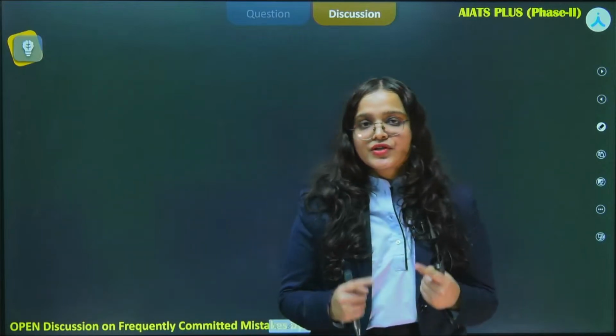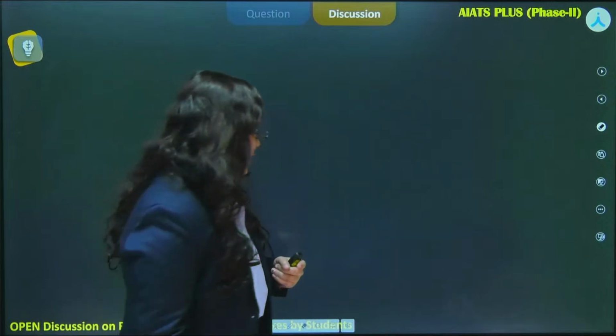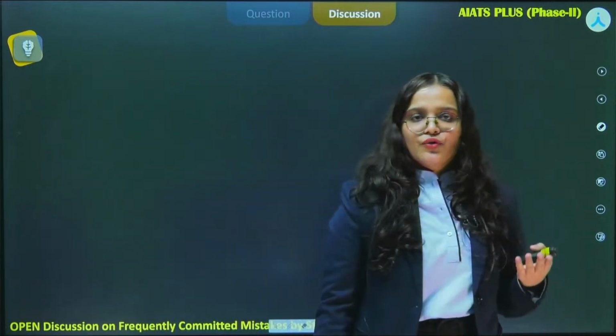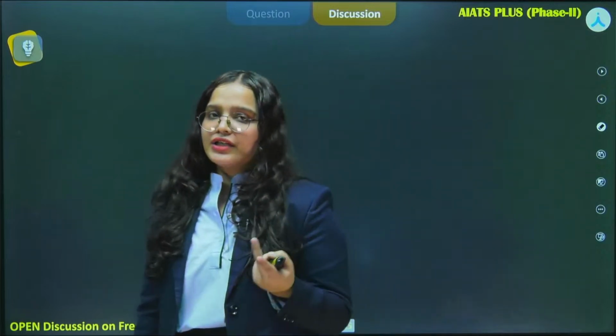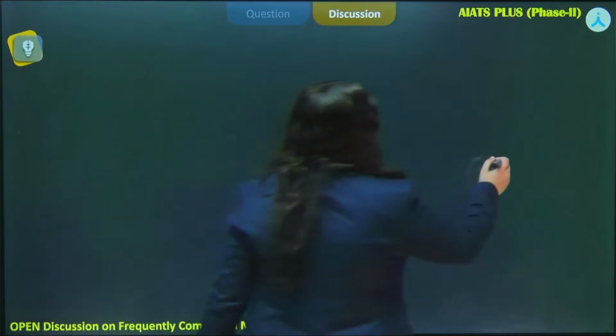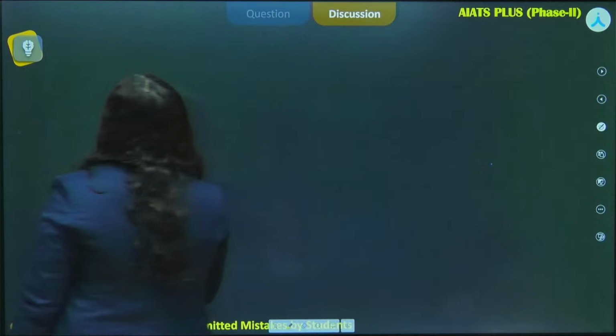So natural selection is also disturbing the genetic equilibrium. All right. So we have discussed three factors so far: gene flow, mutation, natural selection, and now we have the other important factor, which is selective mating.